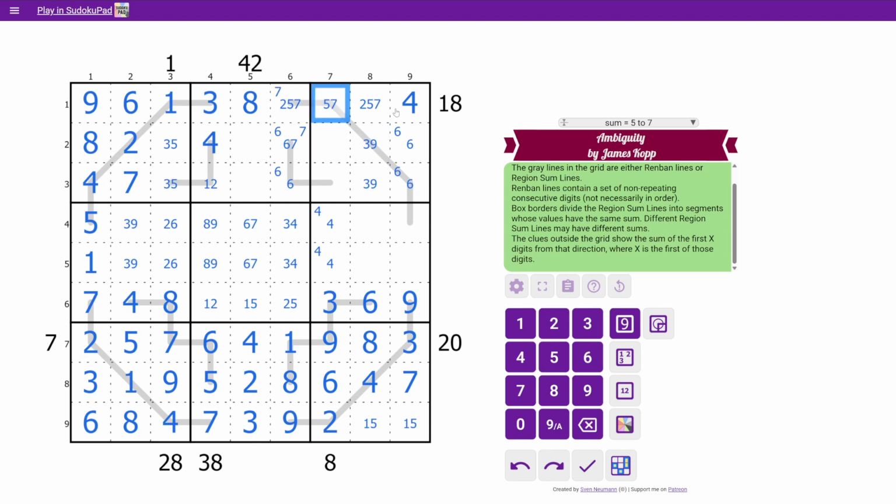Now, it could reach a 9 if there was a 5 on it, for sure. If this was a 9, it would have to have an 8, a 7, a 6. All of those are possible.